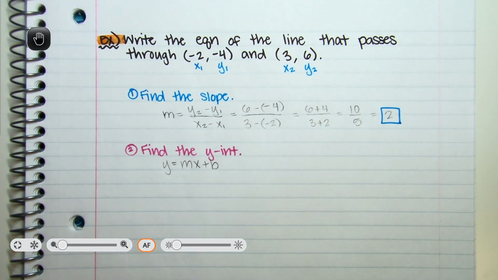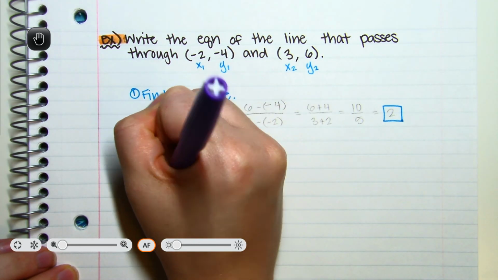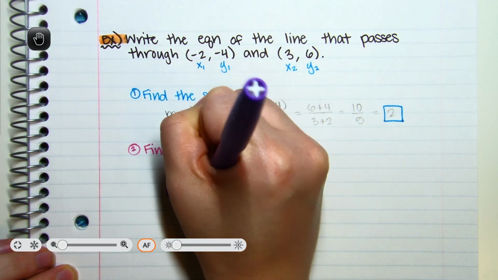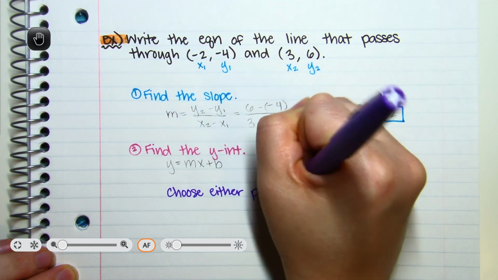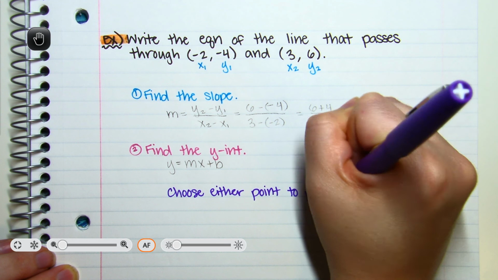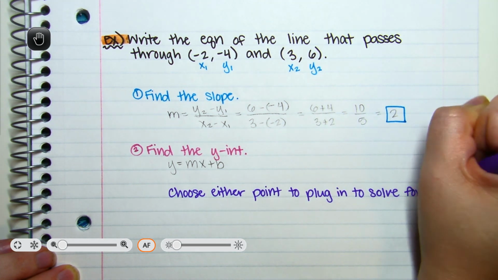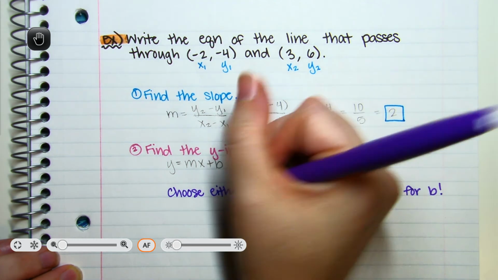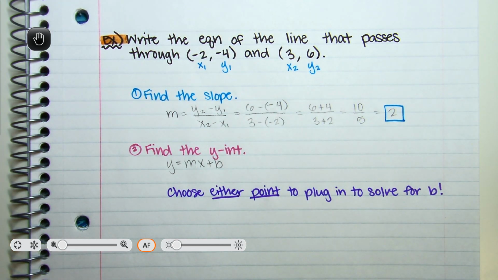So let me put a little note. Choose either point to plug in to solve for b. Either point. Does not matter which one. Myself personally, I prefer to use the ones that are positive numbers.